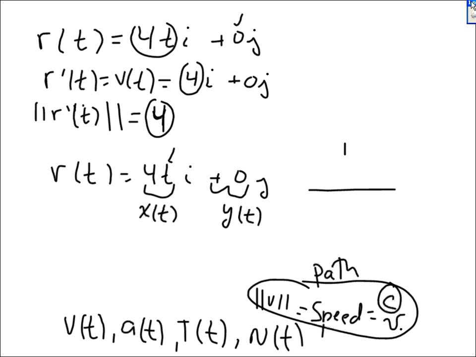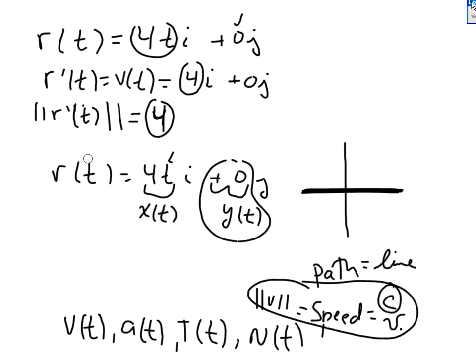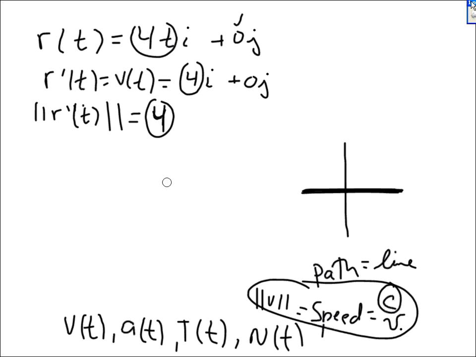If y is always 0, that leaves you only one place for the points to be: on the x-axis. The path is a line. As t changes, you get different values of x. For y, as t changes, y is always 0. So the path is a line.